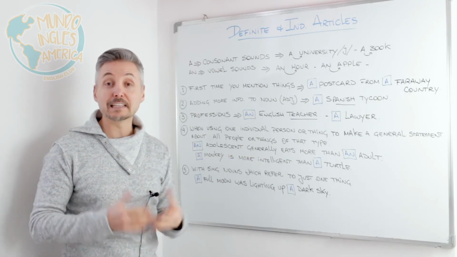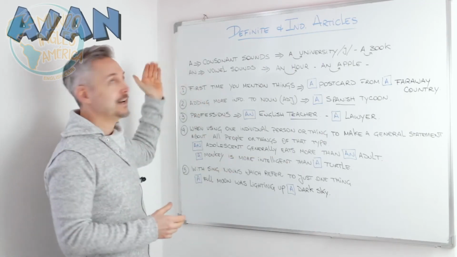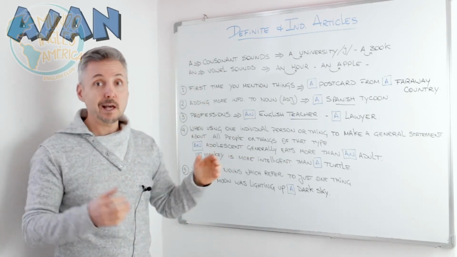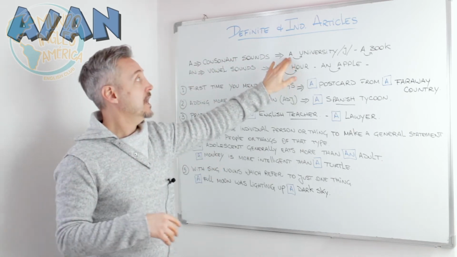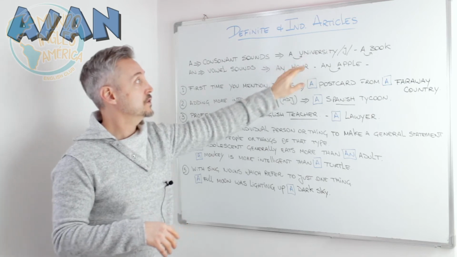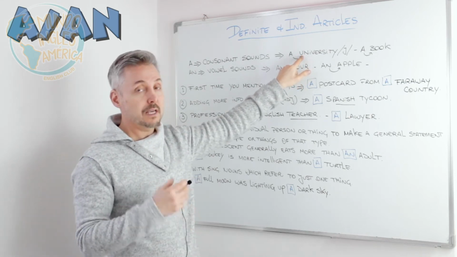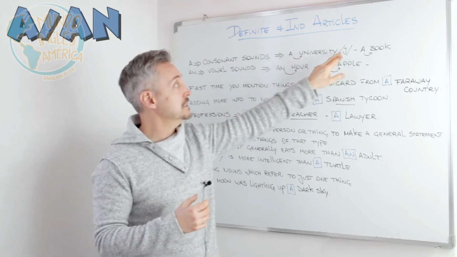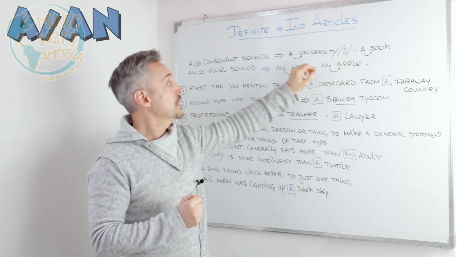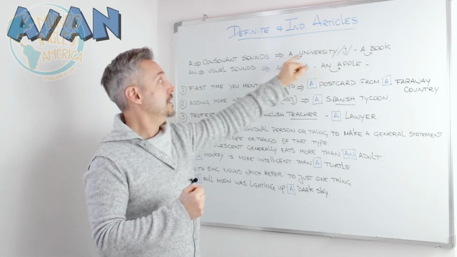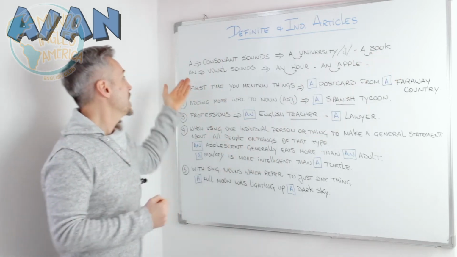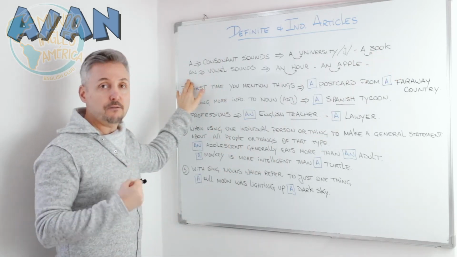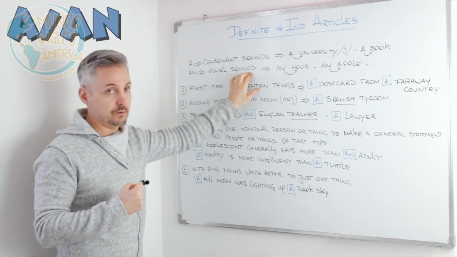Now let's talk about the indefinite article, a or an. We use "a" before consonant sounds. So, like I said, a university, so the U here is a vowel, but the sound is a Y. So it's a consonant sound. So a university, a book, etc. Now, "an" before vowel sounds.